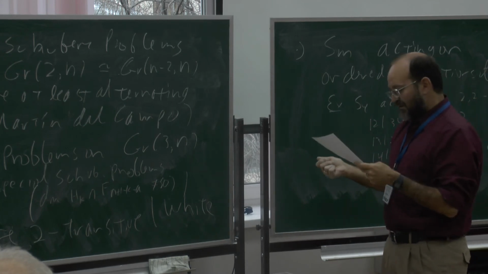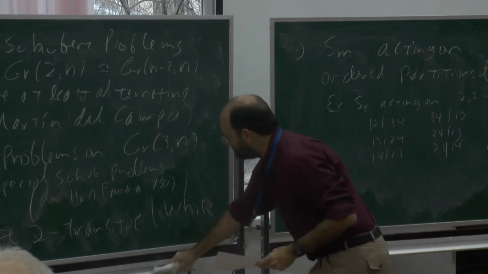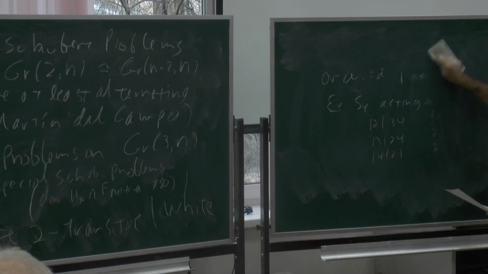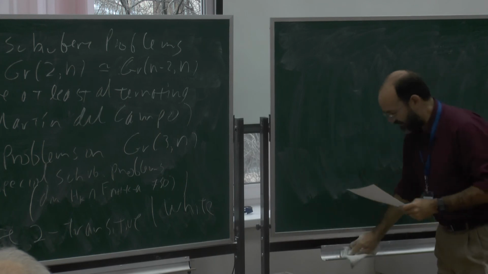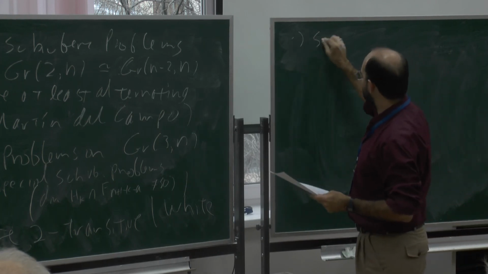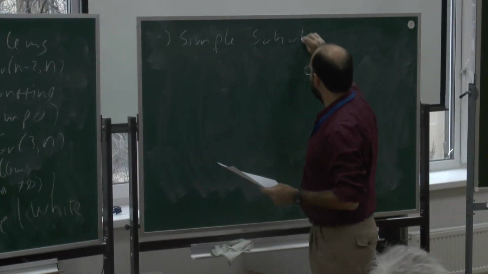Okay. I might as well list them since I have a couple more minutes, and then talk briefly about classification. There's also something called simple Schubert problems, which is a technical term.